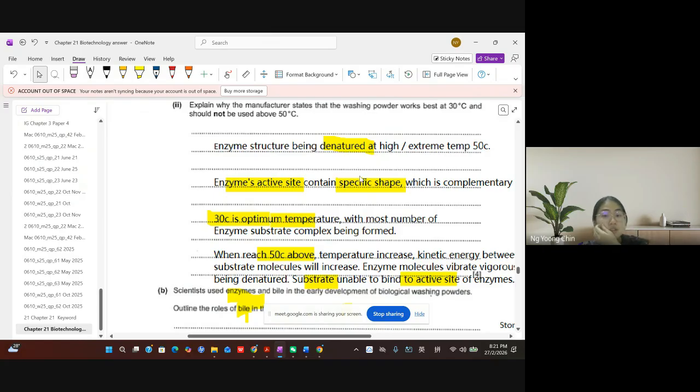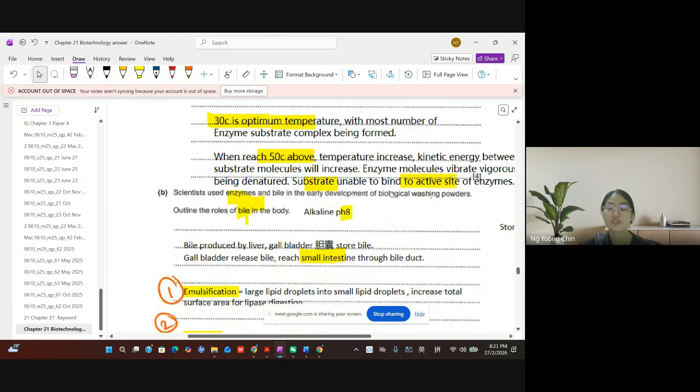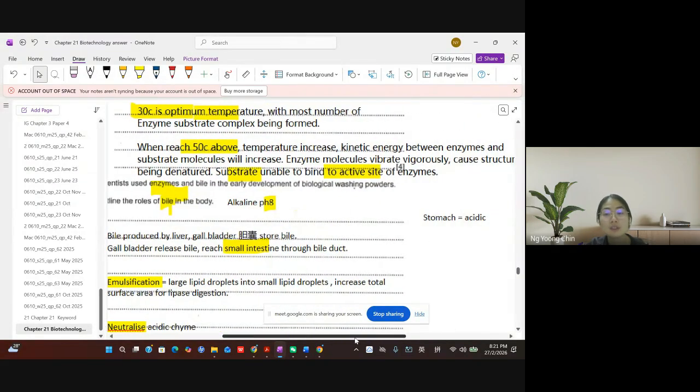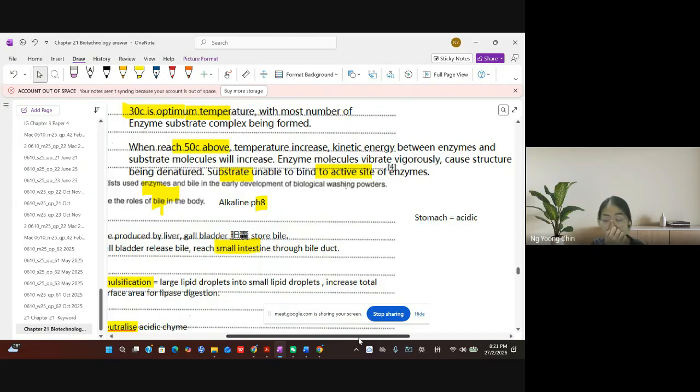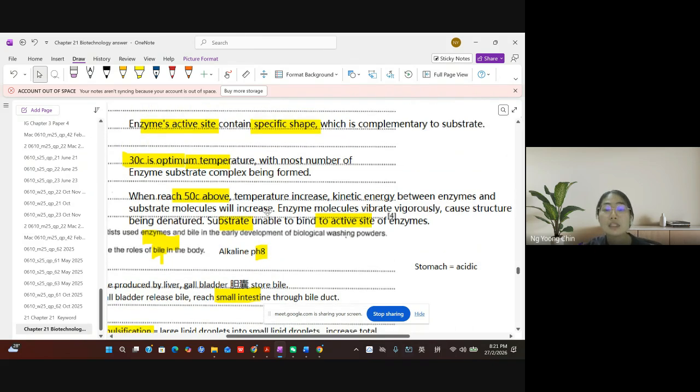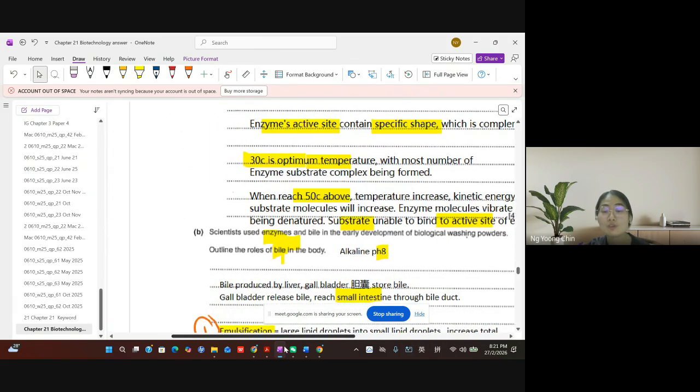So 30 degrees Celsius is the optimum temperature. And when it reaches about 50 degrees Celsius and above, the temperature increases, so the kinetic energy between enzyme and substrate will increase. Later, the enzyme molecules just vibrate vigorously, because they are gaining kinetic energy, so definitely they will move quickly.